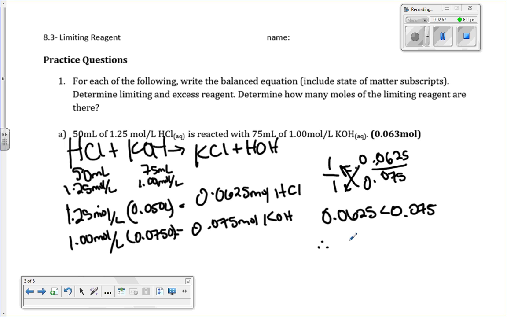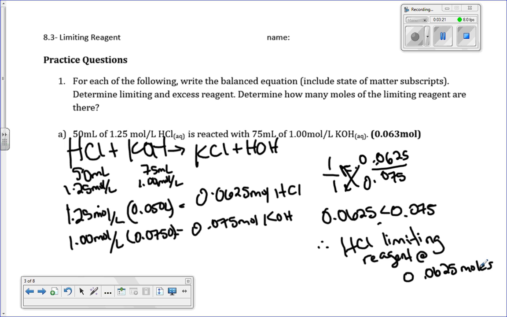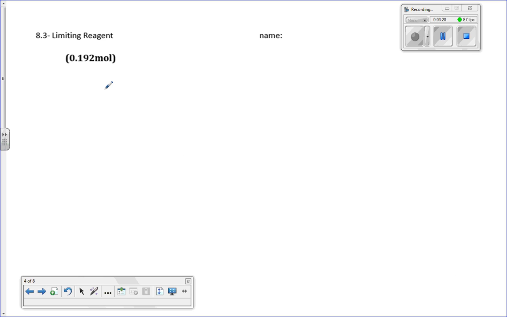Therefore, the limiting reagent is hydrochloric acid, with 0.0625 moles. Next question.